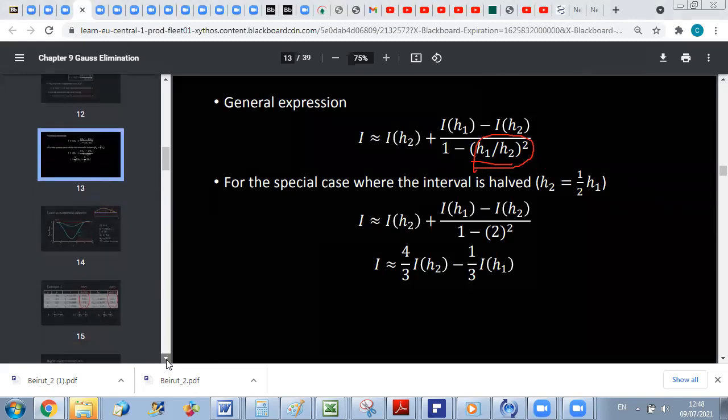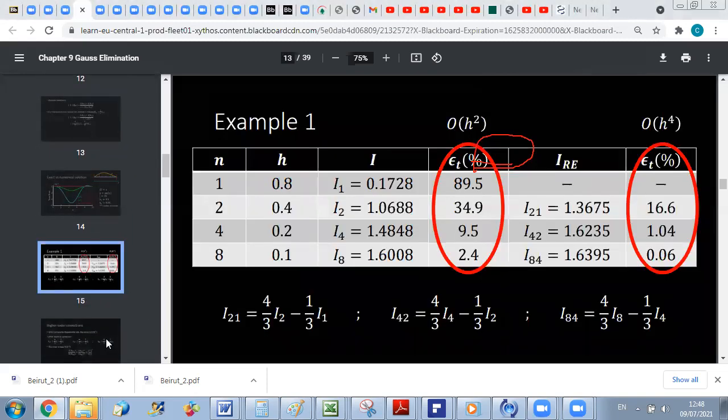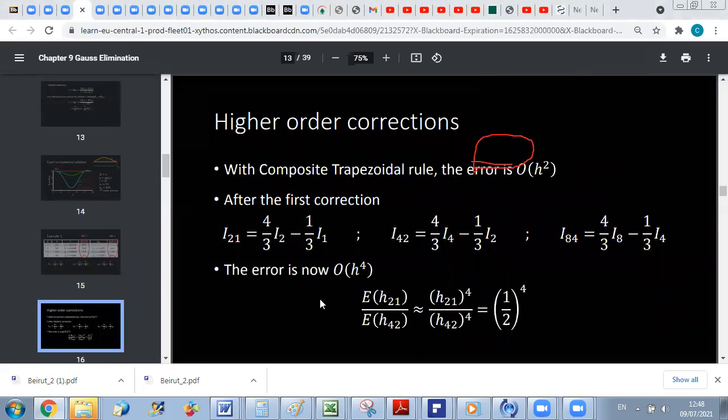We saw together that when we did a correction, the order increased by 2.